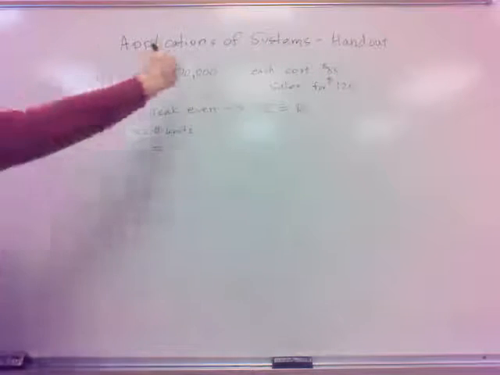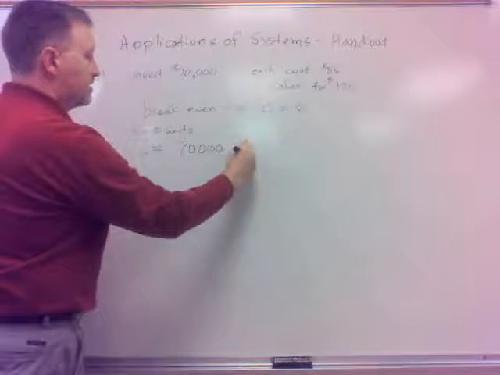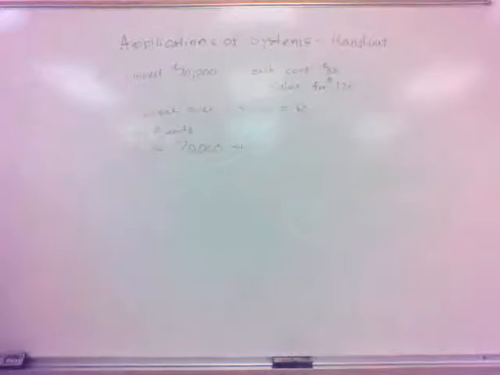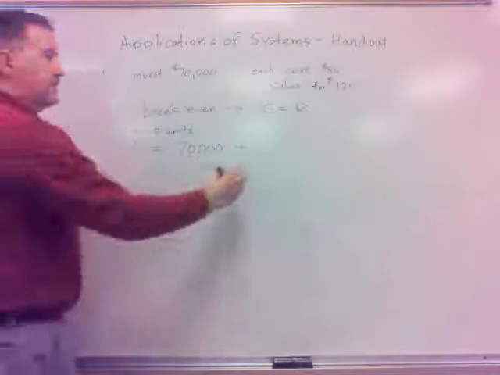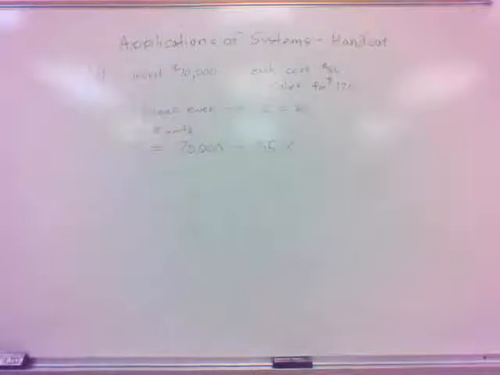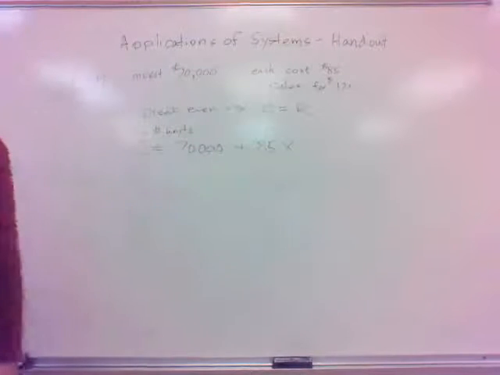Well, we have 70,000 up front, so it'd be 70,000 plus each unit is 85. So I'd take 85X, wouldn't I? However many units I produce, I've got $85 for each one. So 85X plus the initial 70,000.